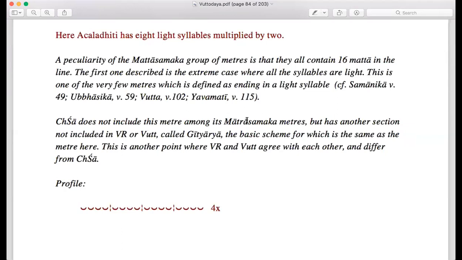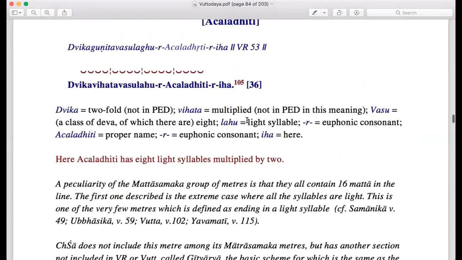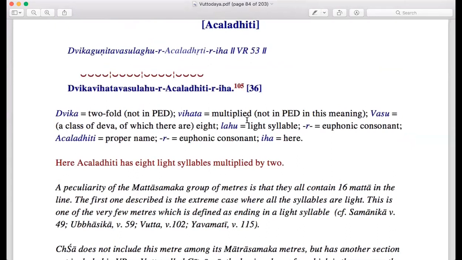So Bante, here the ra is inserted. So how can we know what kind of consonant we have to insert when we compose a gatha? What kind of letter can we insert when we compose a gatha? That's a good question.